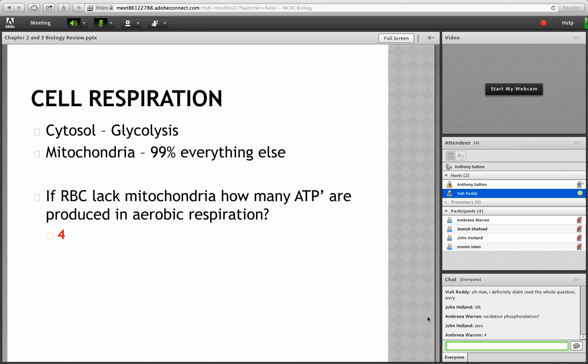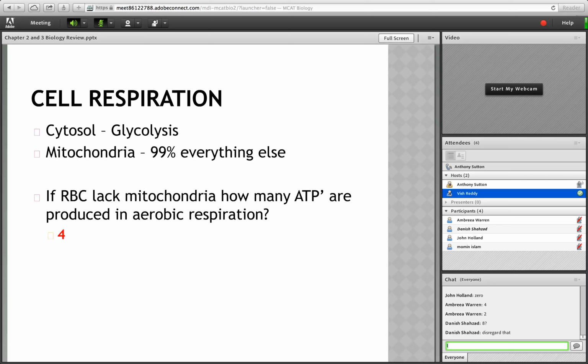Well, four is what you produce. And so how many ATPs do you use during glycolysis? You use two, right? So if you produce four, you use two of them, it gives you a net of two. Donnie said 8. Okay. Donnie, I don't know where 8 came from. You're going to really have to help me with that.